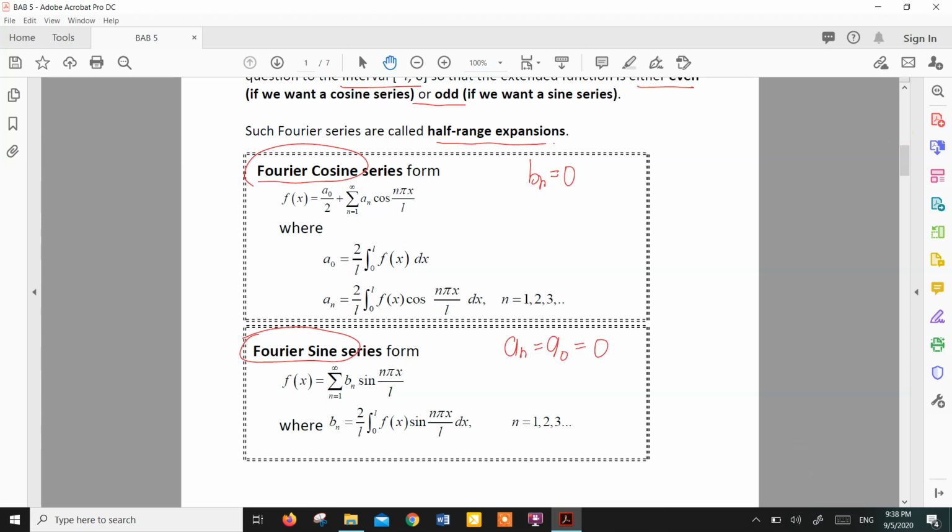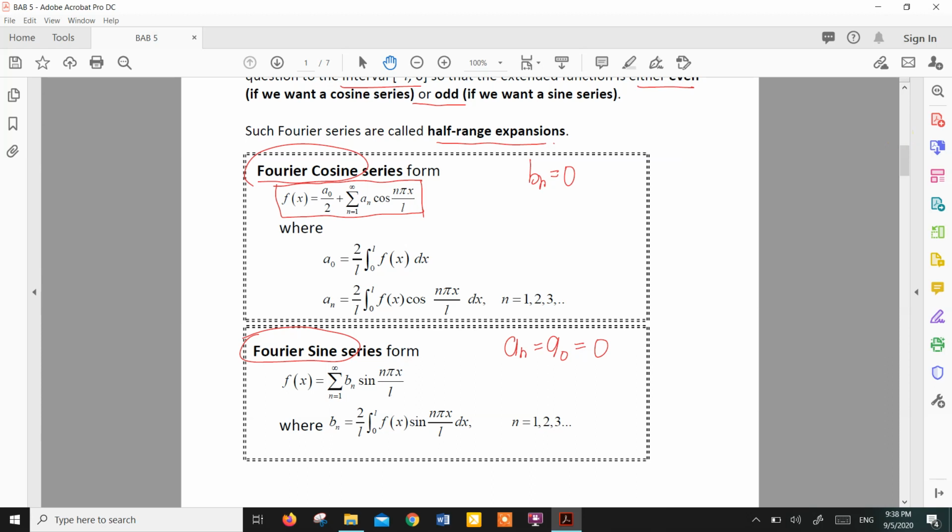So the Fourier cosine series form is in this form. This is the general formula for the cosine series, where f(x) equals a0 over 2 plus the summation of n from 1 to infinity of an cos(n pi x over L), where a0 and an are given by this formula.